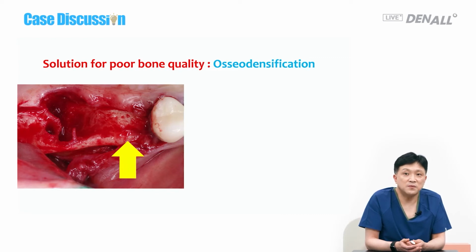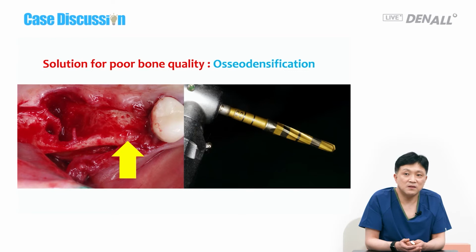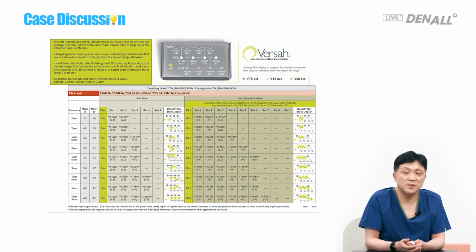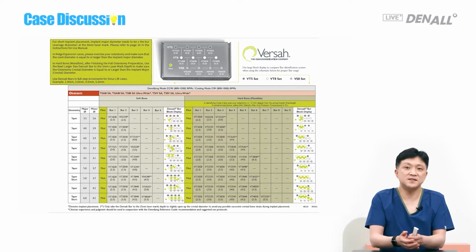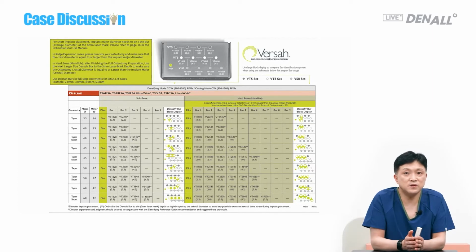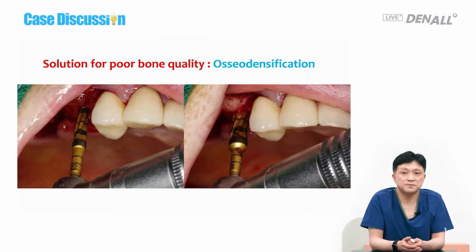We can tell by just looking at the cortical bone. Densabur is used. In this case, the Densabur can be used in all of the company's products. This is for DS2 and DS3, Densabur protocol. It can be used for OSSTEM products.